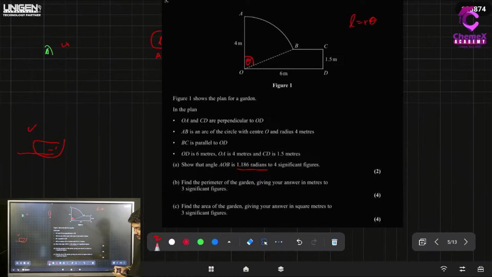Any idea how to do? Aman, do you have any idea how to do this? Gamita, do you have any idea how to do it? How to find the angle? We know the radius. Arc length is also unknown, but how to do? We have this. This is 90. So this is 1.5. Do they give the BC length?